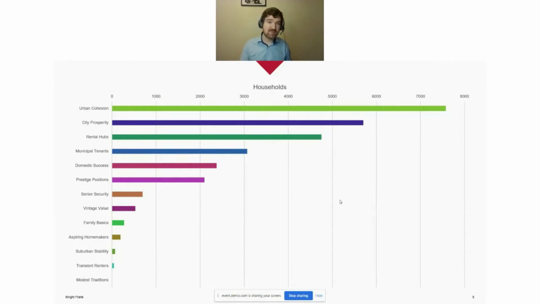And then city prosperity and rental hubs, which are a bit more self-descriptive, city prosperity being wealthy city dwellers and rental being a broader kind of category of people who are renting their homes.